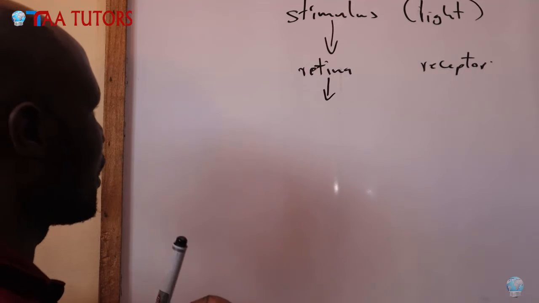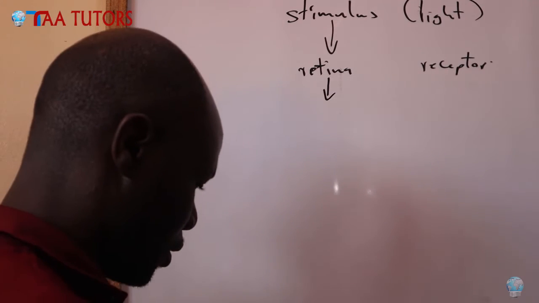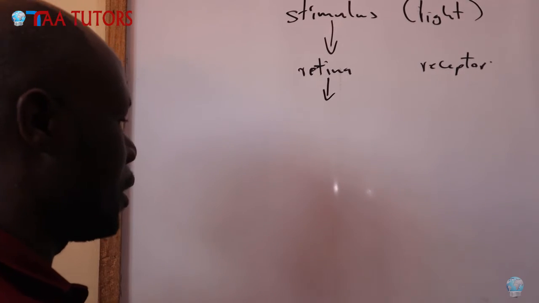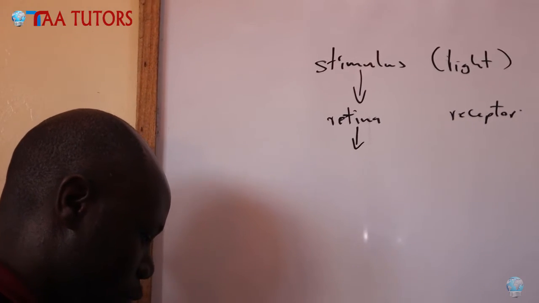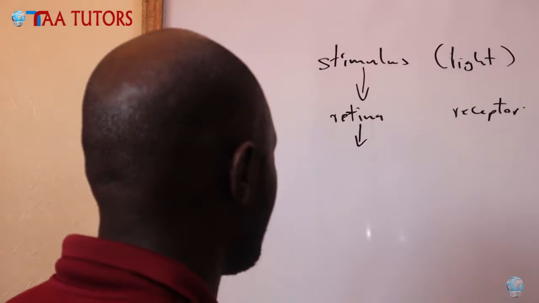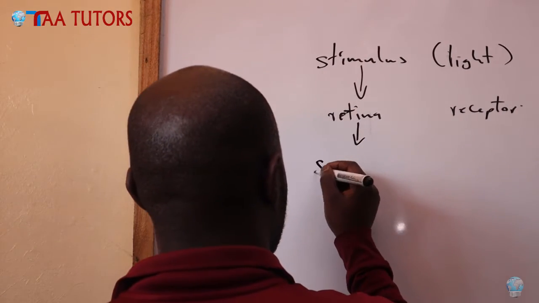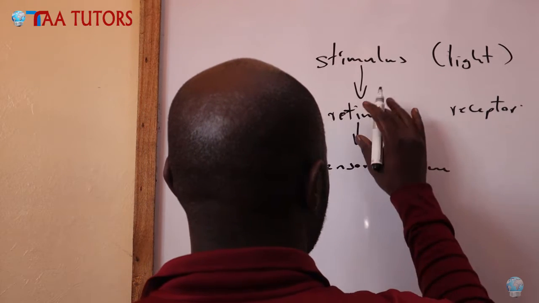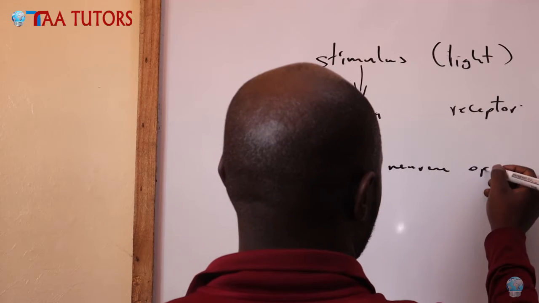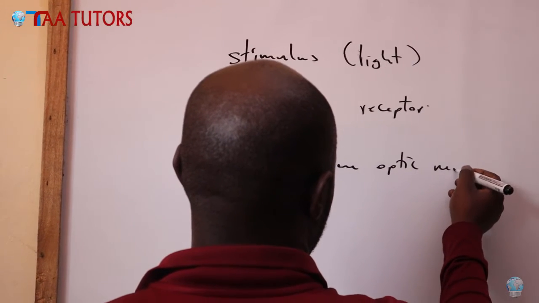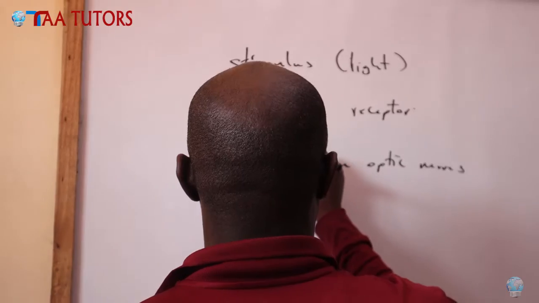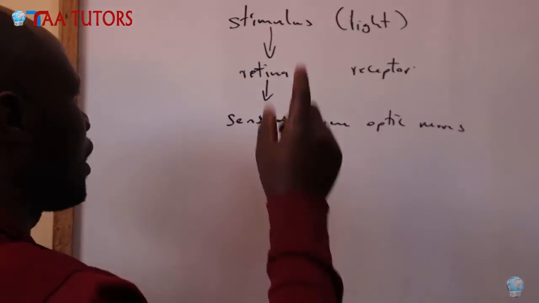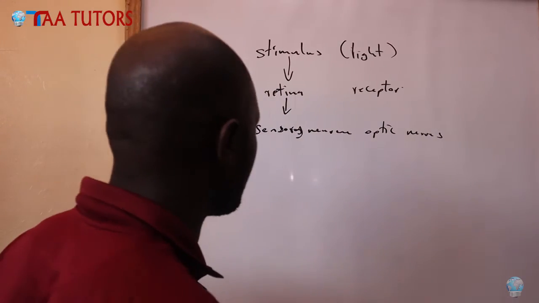Then once the receptor has received the information, it will be picked up by the nerve cells, the neurons that will be transferring it. So we have the sensory neurons that are picking it, which are found at the optic nerves. That is the next event here. After bringing in the stimulus from the light, we have seen how light reaches the retina. That's what we have been struggling to talk about.